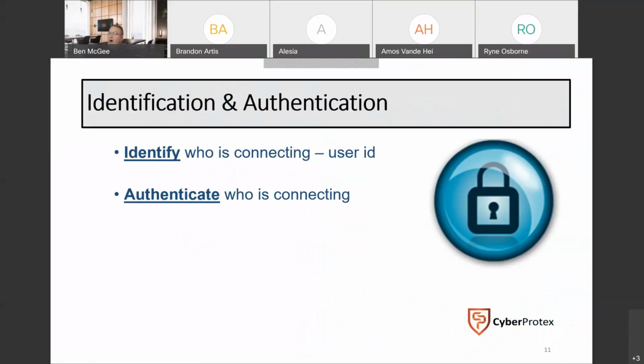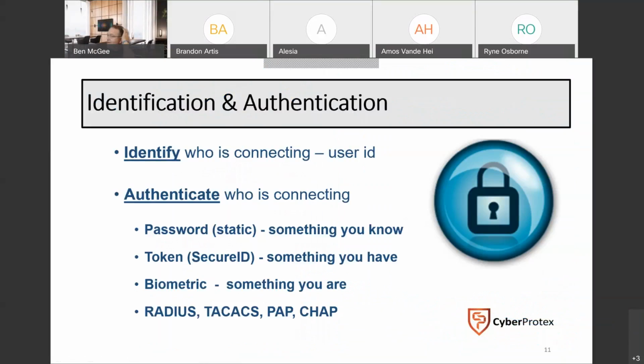Well, we want to know the identification and basically who's connecting, the user ID. But also, we want to be able to check one way or another. Usually, best practice is to have at least 2 factors of authentication, right? You can use something dynamic, like a token or secure ID that's synchronous every 60 seconds or so.